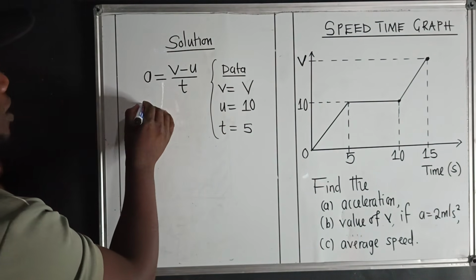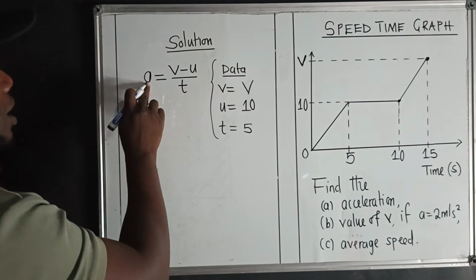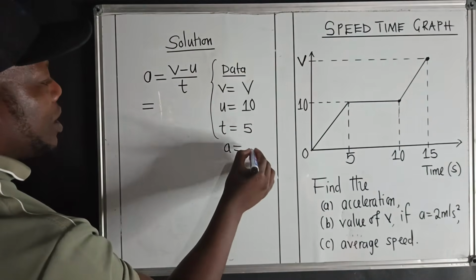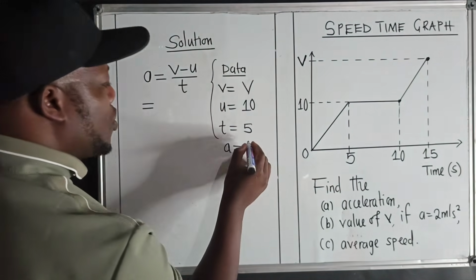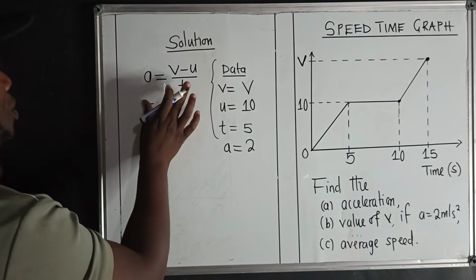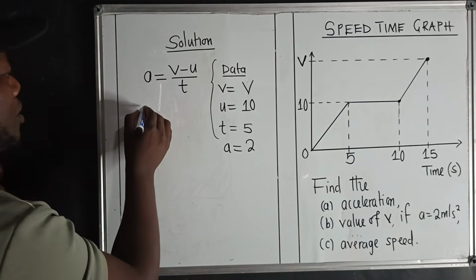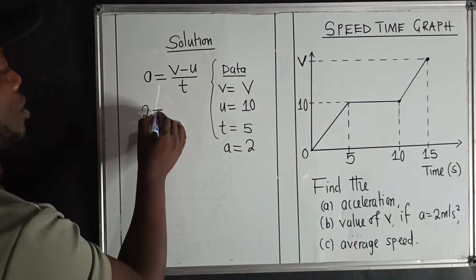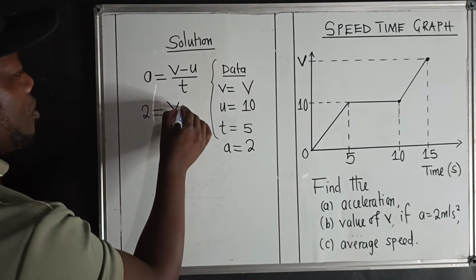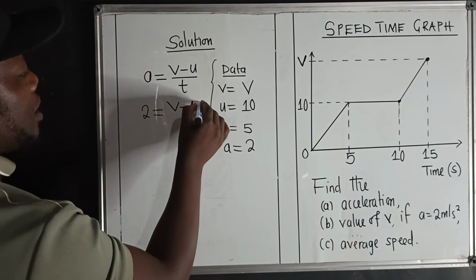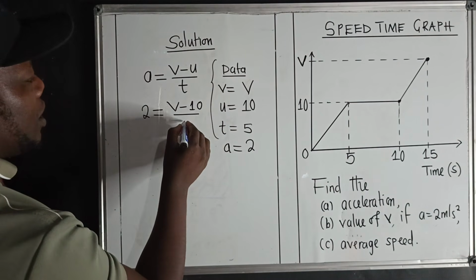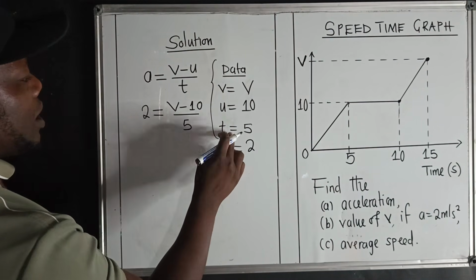So what is our A? A is 2 meters per second squared. Instead of A we write 2, which is equal to V minus the U, which is 10, over the T, which is 5.